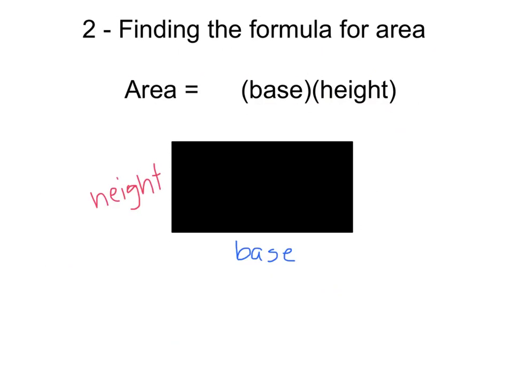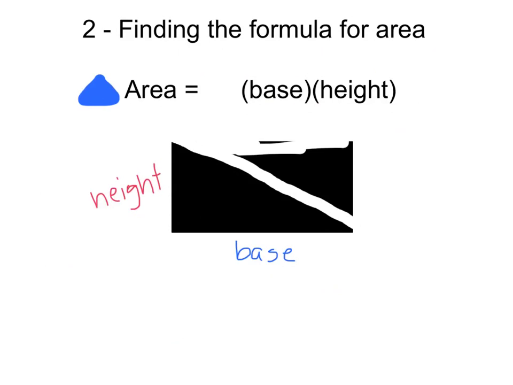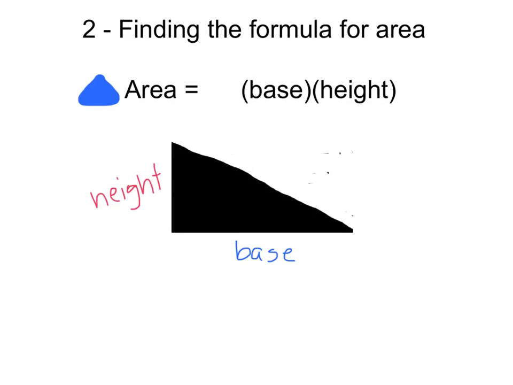Well, now when we would want to try to find the area of a triangle, we can actually look at this same exact rectangle, and we are going to actually cut it in half. And if we take away the other half of it, we actually are left with just a triangle.